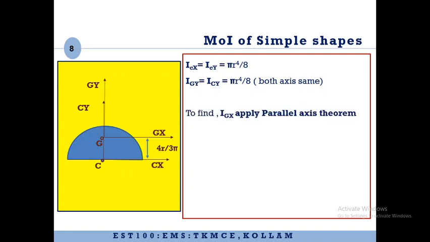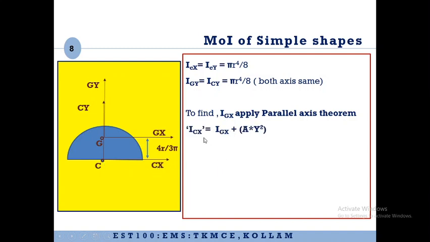Now, to find IGX, we have to apply the parallel axis theorem to the semicircle. So to apply the parallel axis theorem, first thing is we have to identify which is the parallel axis and which is the centroidal axis. So here centroid is G, therefore Gx is the centroidal axis and Cx represents the parallel axis.